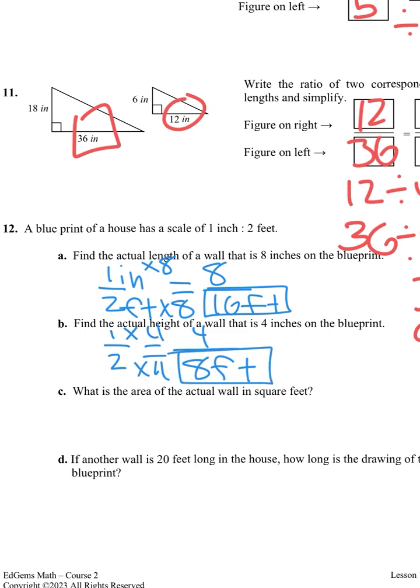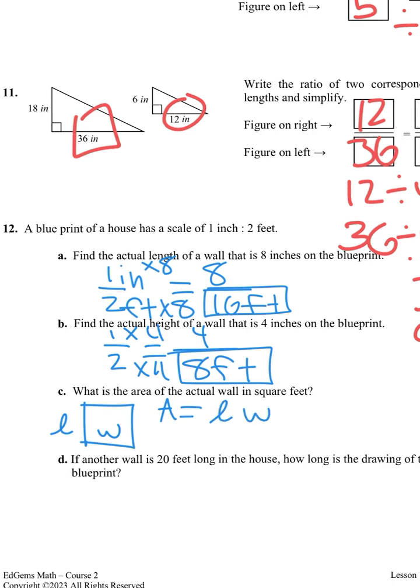All right. Part C says, what is the area of the actual wall in square feet? So to find the area of this room, we're going to assume it's a rectangle. Remember what the formula for the area is? You've got length and you've got width. And to find the area of a square or rectangle, it's length times width.